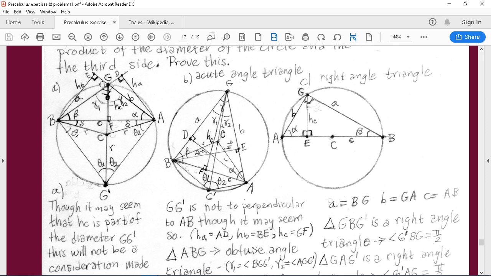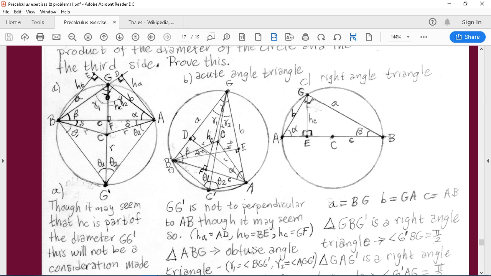For the obtuse angle triangle, it's outside BGA. So we have triangle BEA, and we also have triangle AGF, which would correspond to this triangle AGF here.